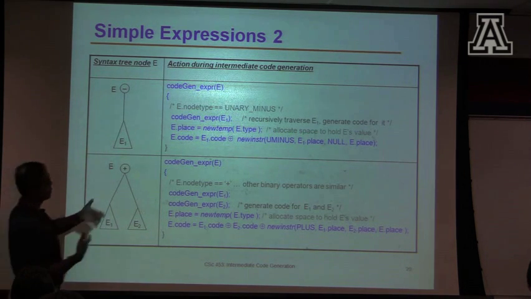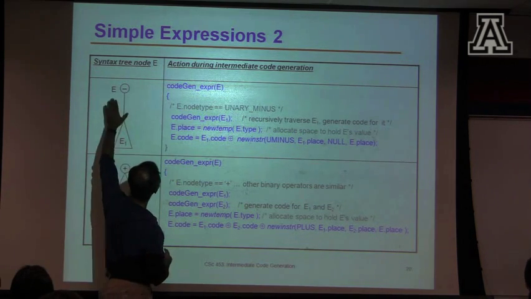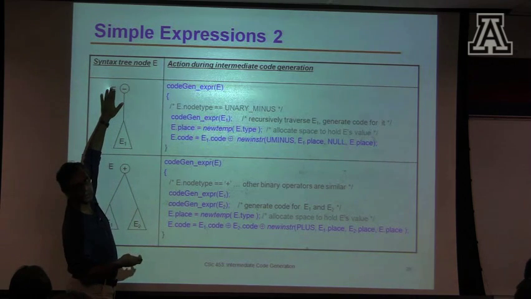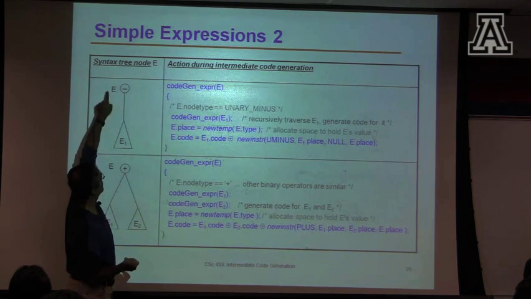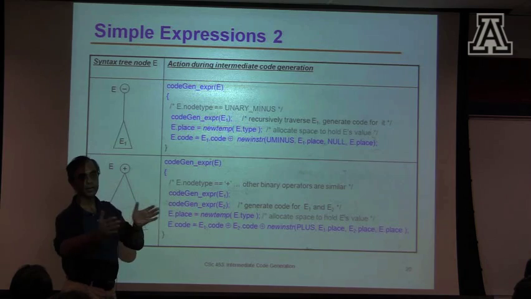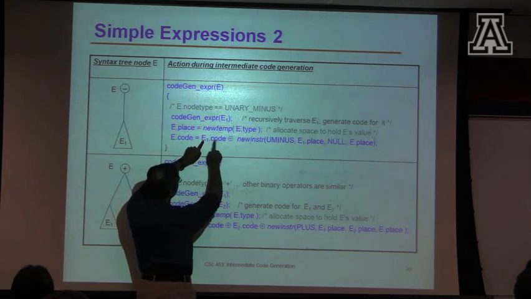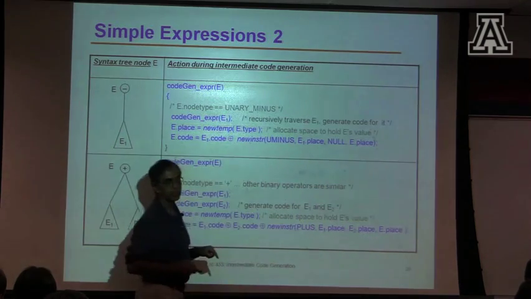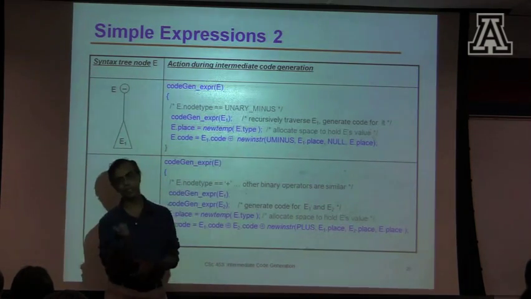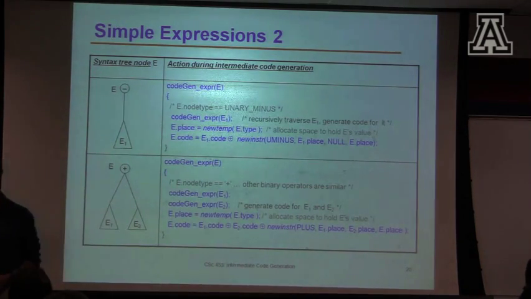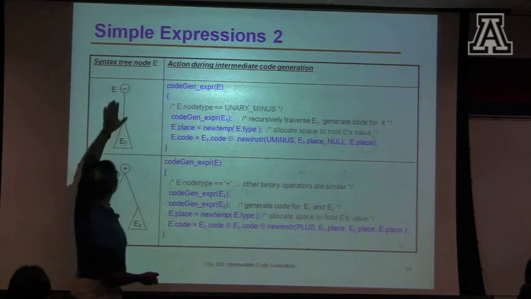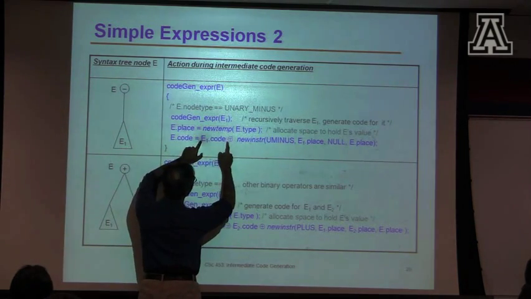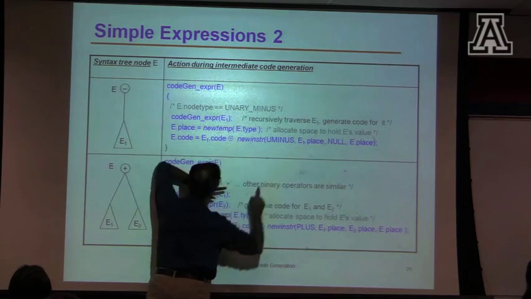So at runtime, let's imagine evaluating this whole expression E. This whole expression E has a code sequence which consists of the code for E1 followed by this instruction. This circle plus thing means concatenation of sequences. So the code for E is the code for E1 followed by this unary minus.